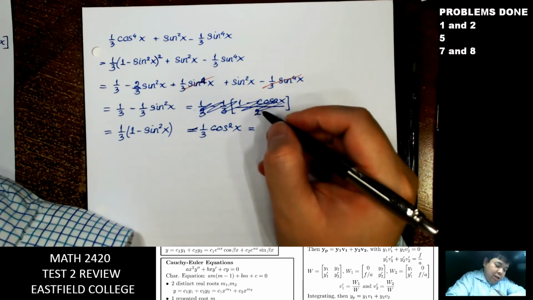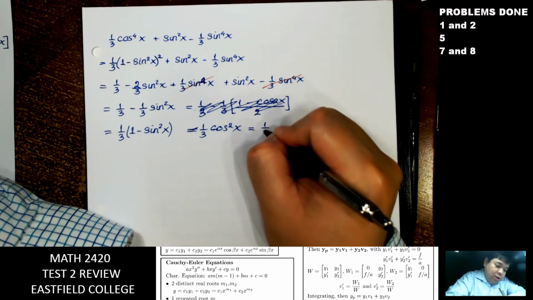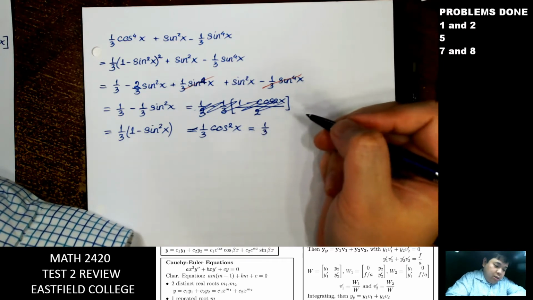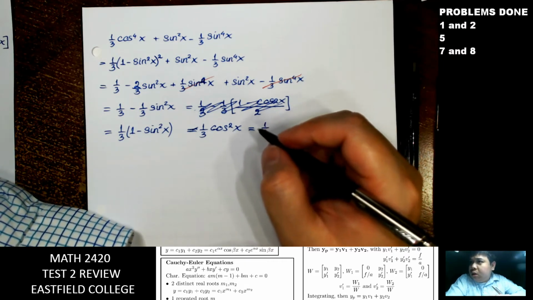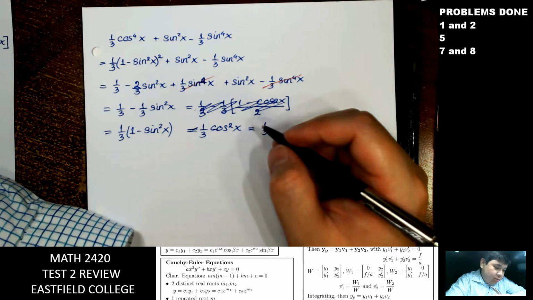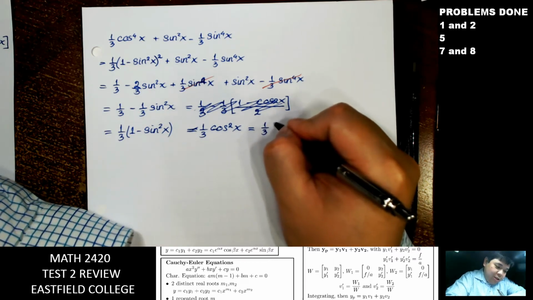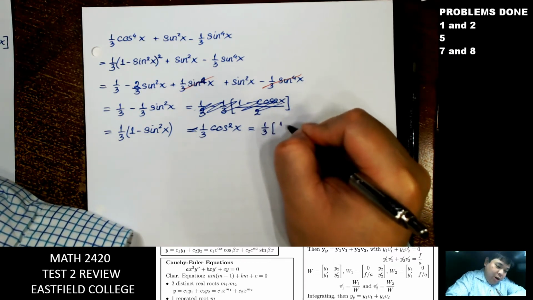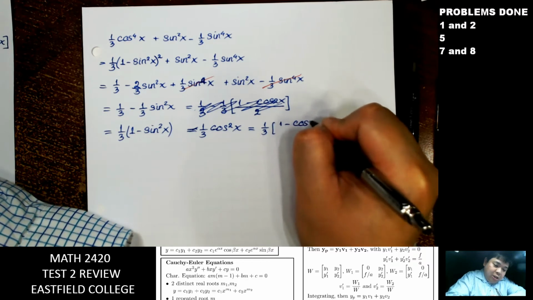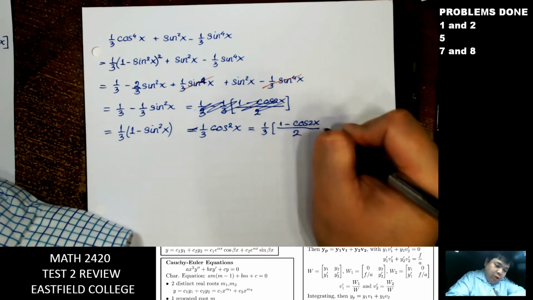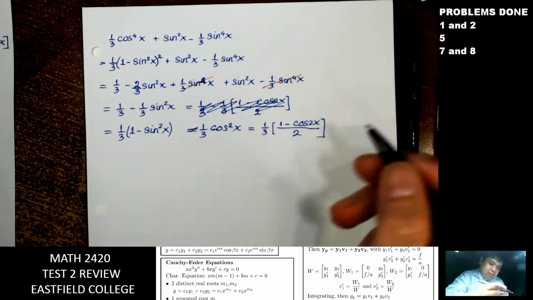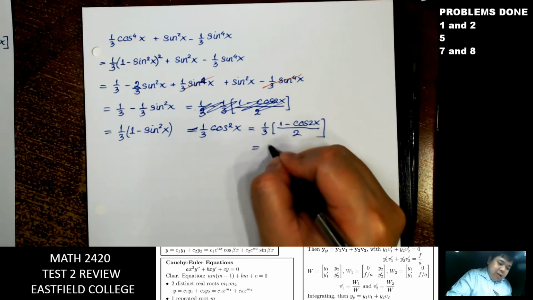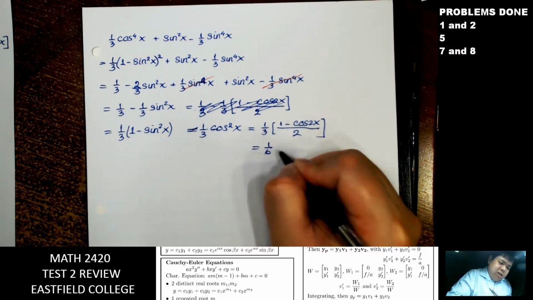Right, so it will be 1/3, 1 minus cosine 2x over 2, and we have 1/6.